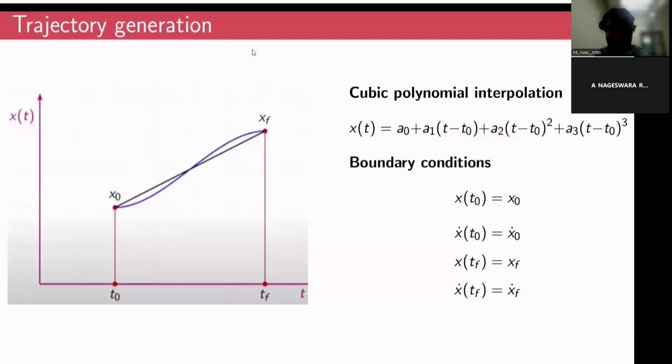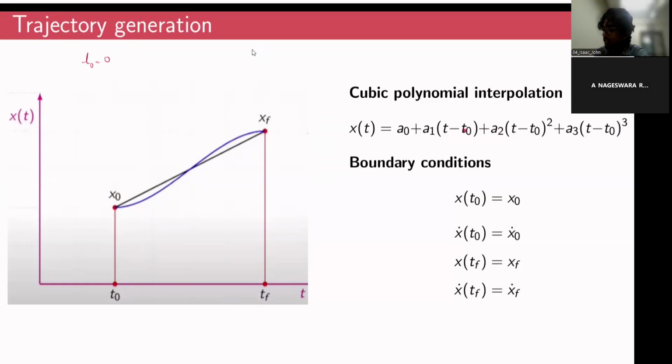So in most of our applications, we consider t0 as 0. It's very convenient to shift the origin to time t equal to 0, where our trajectory is actually starting.